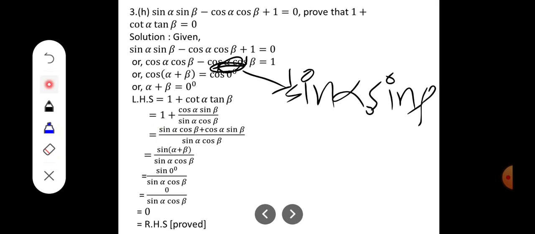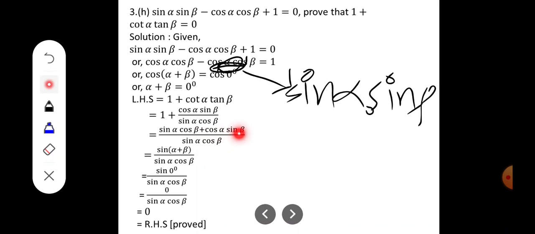Again dividing the LCM by the second denominator, we get 1, and multiplying with this we get cos alpha and sin beta, and this is equal to sin(alpha plus beta).